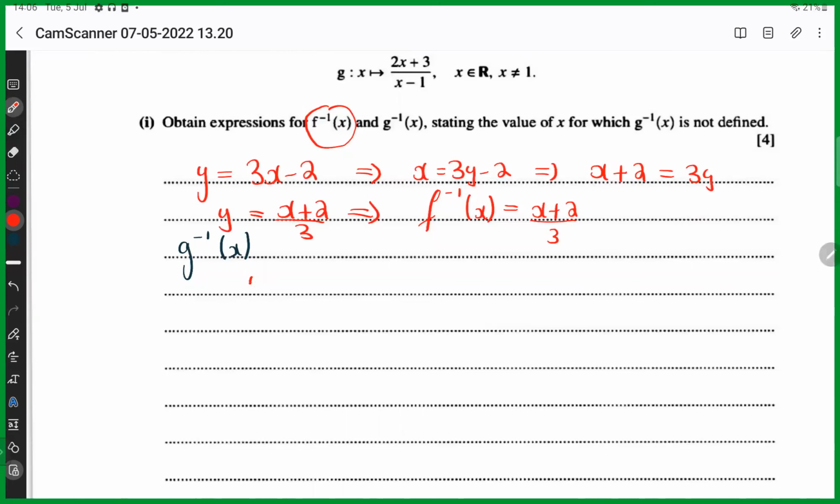So it is y equals (2x plus 3) divided by (x minus 1). And now just interchange x and y. So this would give you x equals (2y plus 3) divided by (y minus 1).